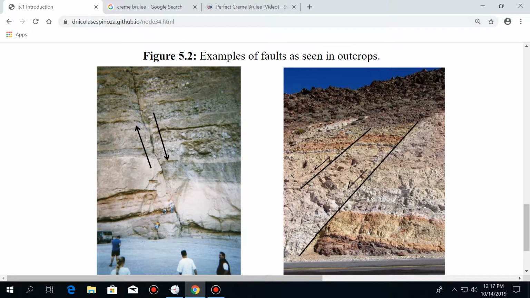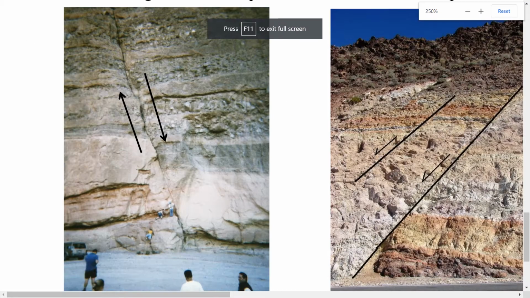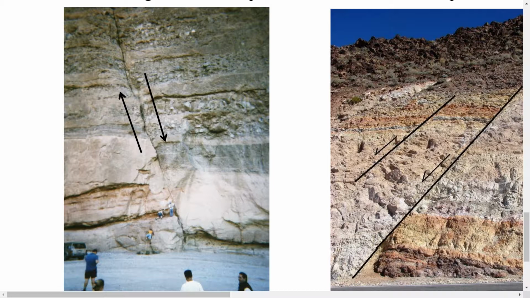This one is pretty good. You see how there is a displacement relative to the fault plane. Like this point over here is displaced about, I don't know what, 10 feet, probably a little bit more, with respect to this point. That's what is called the fault throw.